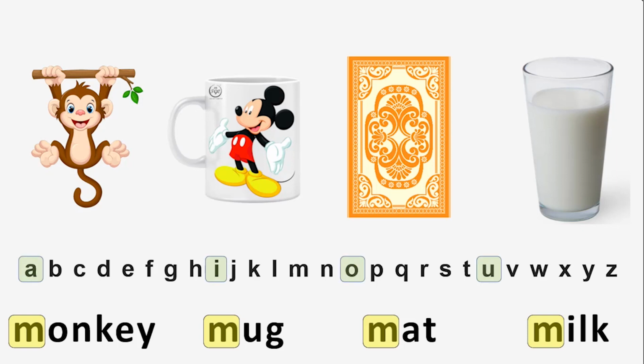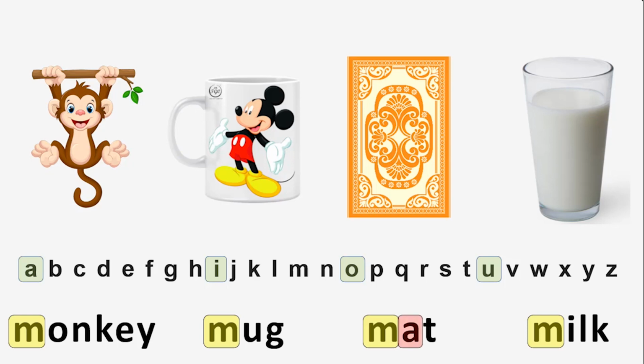Okay. Now, see, according to A to Z arrangement, letter A comes first, which is in mat, the second letter. Letter I is there, which is in milk. Then letter O is there in monkey, the second letter of the word monkey. Similarly, letter U will be last, which is there in the word mug.